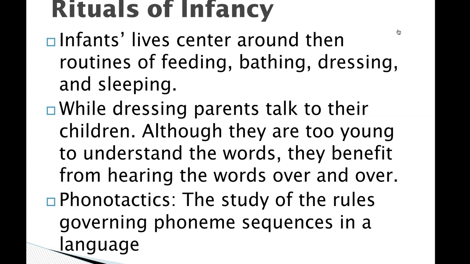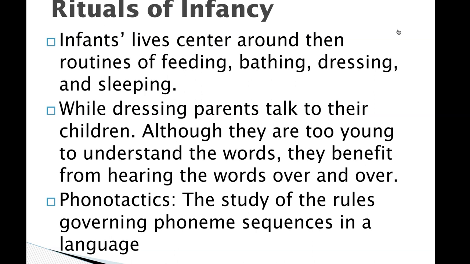We can open the doors and close the doors. We can have words that end in RS, like floors and doors. However, we can't start a word with RS, right? A word can't begin with that phoneme sequence. That's not a beginning, that's only an ending.